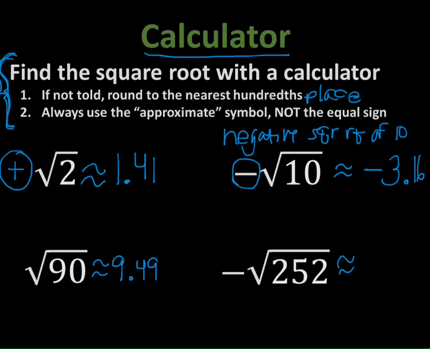You should have gotten approximately negative 23 and 49 hundredths. Okay, so the two things that you've learned today, hopefully, is round to the hundredth if you're not told, and use that approximate symbol. Also, if there's a negative in front, your answer will be negative.